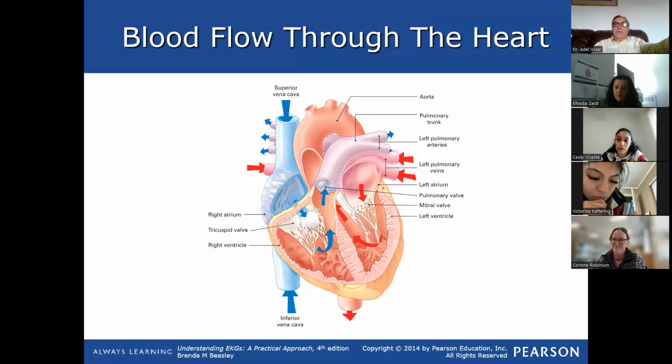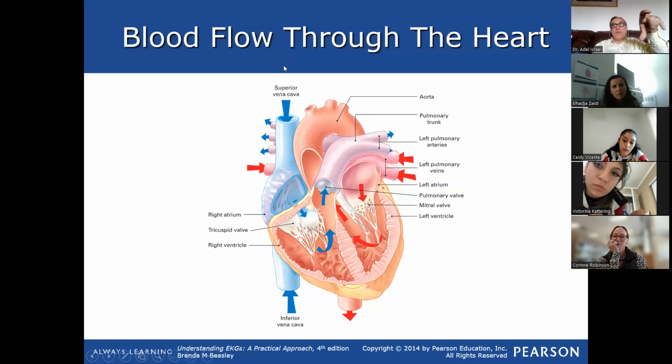We have very important big vessels. You see this one? This is the superior vena cava. What do we mean by superior? Superior means upper or higher. Vena means a vein. Cava means wide or hollow.